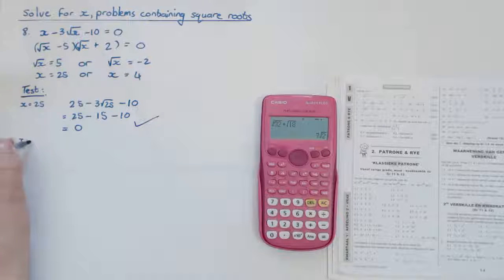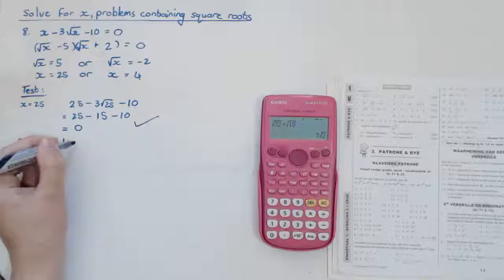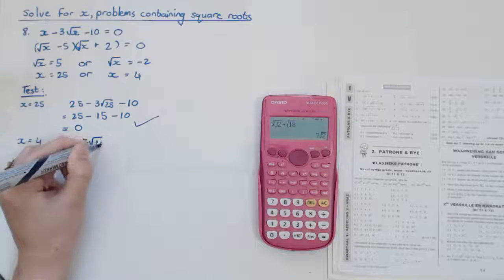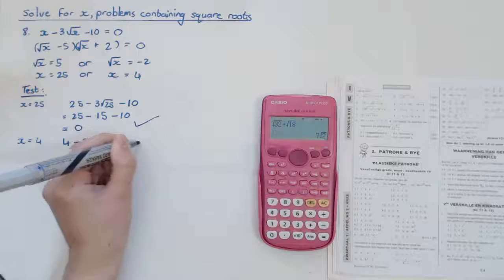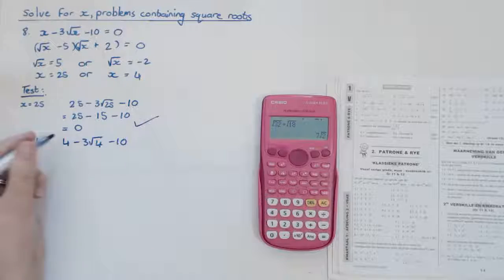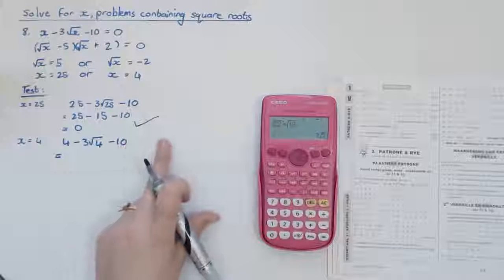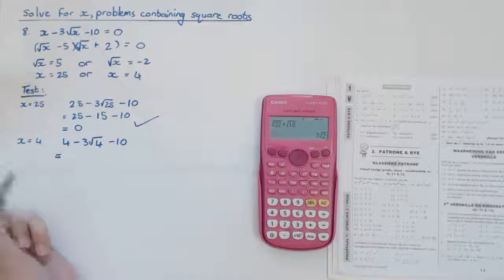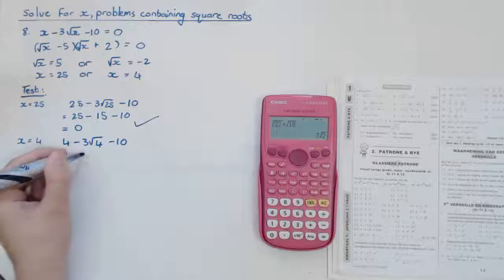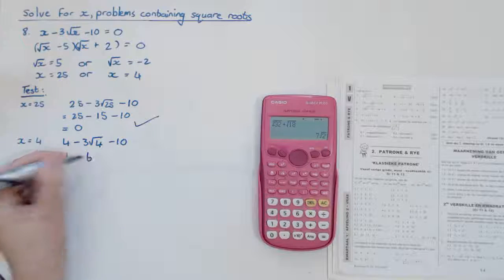Right, and then I'm going to test x is equal to 4. So I've got 4 minus 3 root 4 minus 10, and I want to test whether it comes to 0, so I'm not going to say it is 0 at the moment. So I've got 4 minus 3 times 2, which is 6.